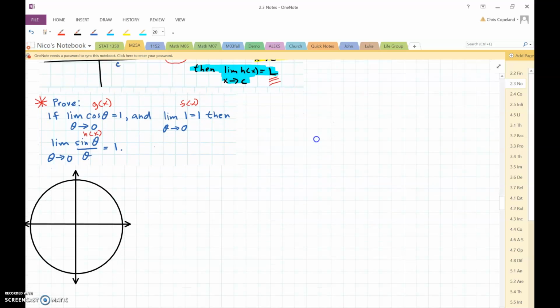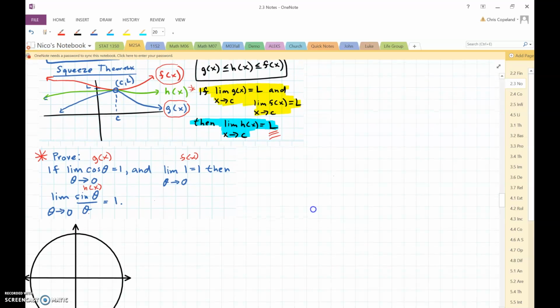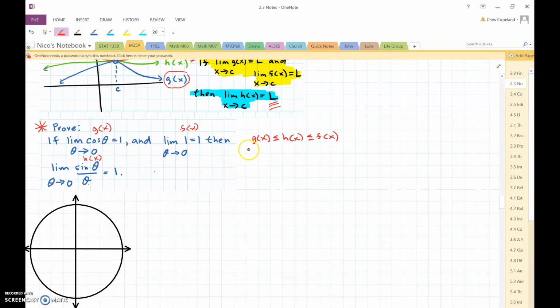Okay? So first of all, we need to come up with a relationship to show g of x is less than or equal to h of x, and h of x is less than or equal to f of x, where g of x is cosine of theta, h of x is sine theta over theta, and f of x is 1.